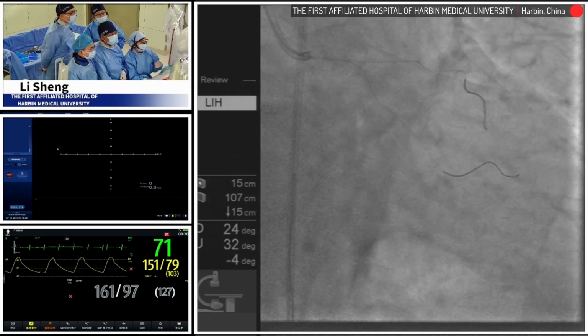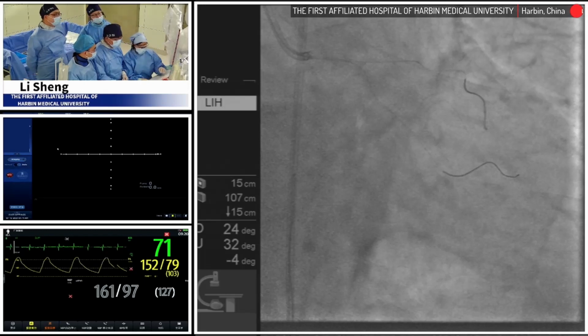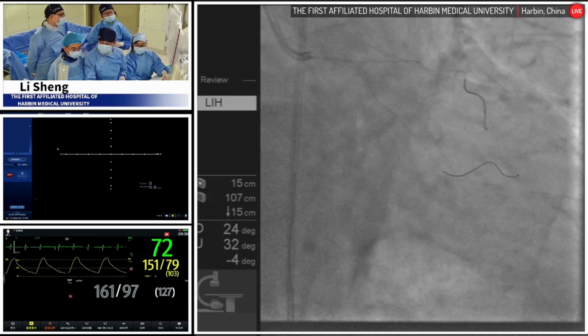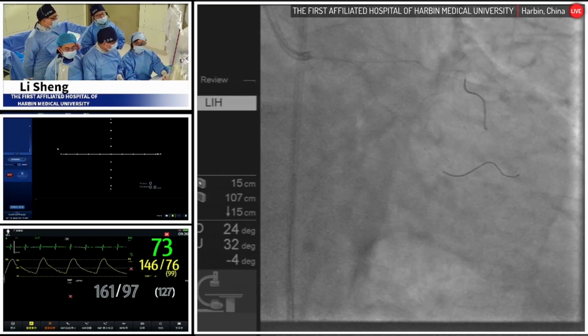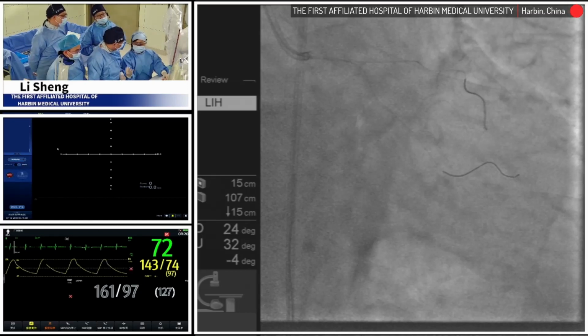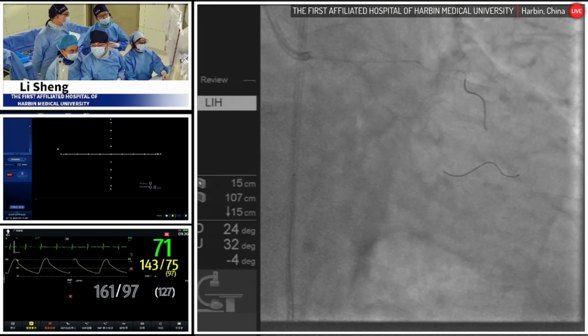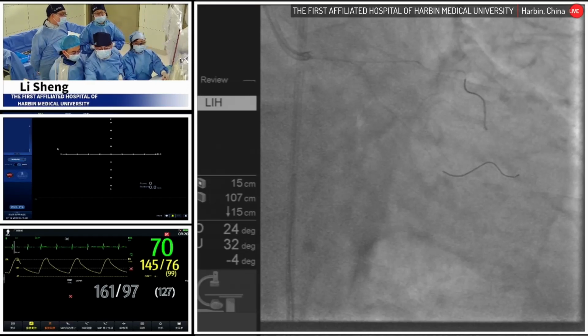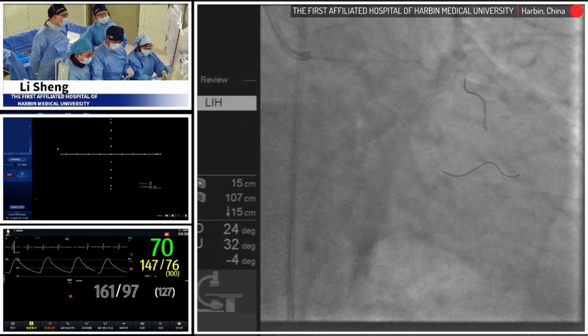Okay. Indeed, the previous studies have told us if the IVUS has shown calcification with an arc more than 270 degrees, we should choose active rota.